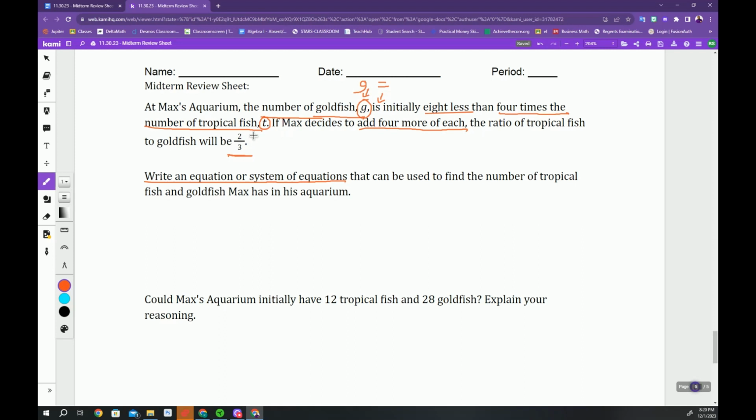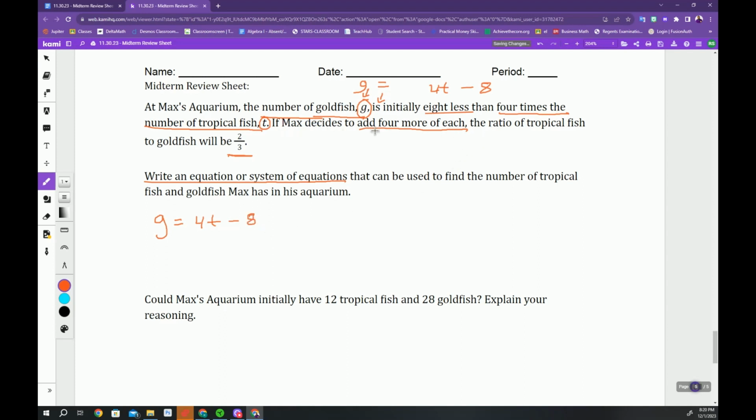Well, T is tropical fish. So 4 times T would be 4 times a tropical fish, and 8 less than that would be 4T minus 8. So our first equation is G equals 4T minus 8.